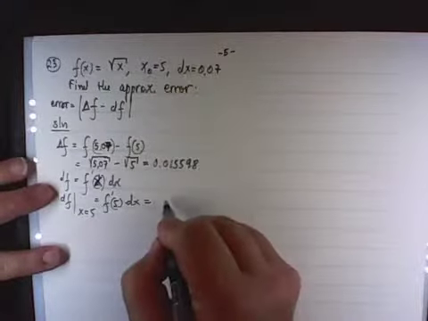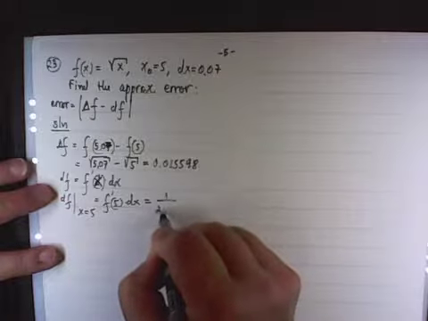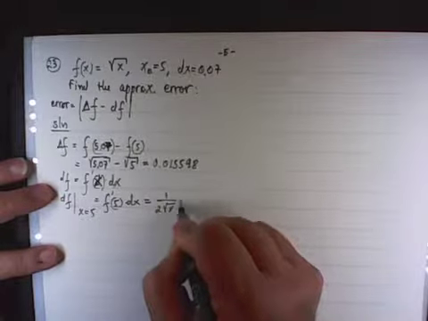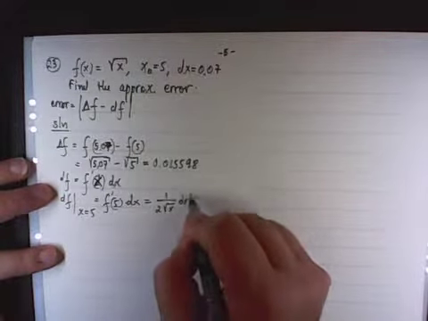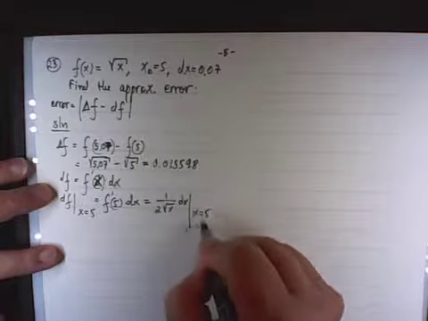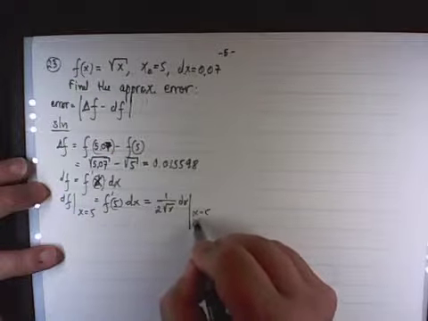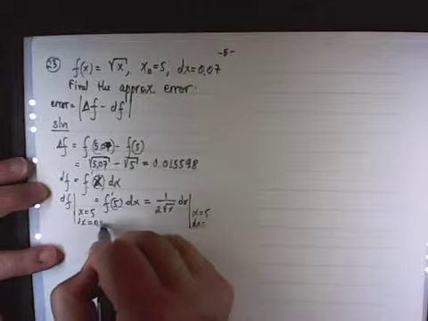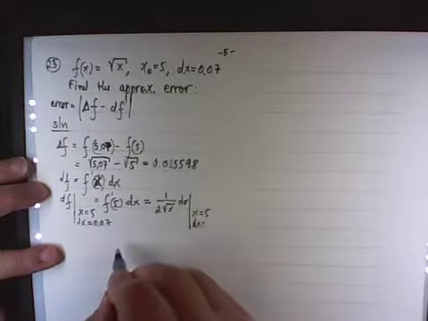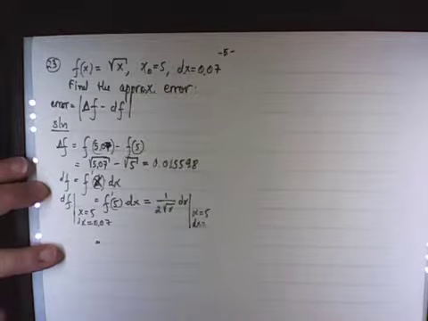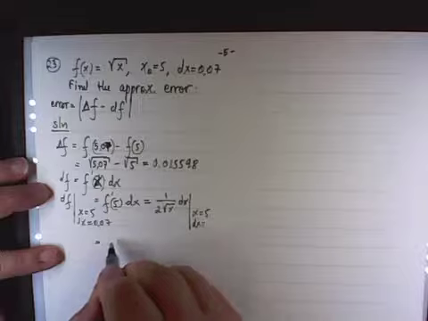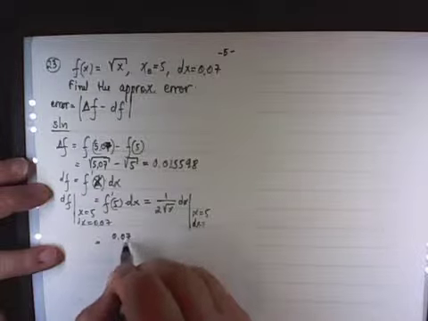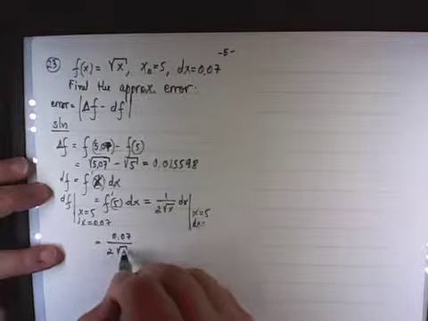So 1 over 2 square root of x times dx, when x equals 5 and dx equals 0.07. So we end up having 0.07 divided by 2 square root of 5.